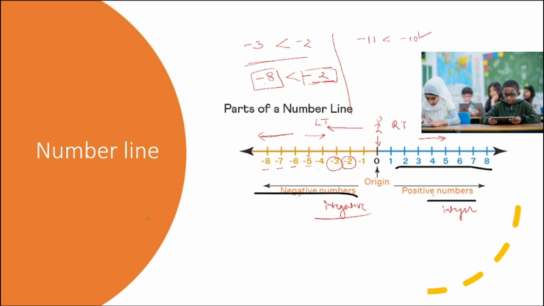Obviously -10 is greater. -15 or -5, which one is greater? Obviously -5 is greater. So in negative integers, the smaller number with the negative sign is greater than the bigger number with the negative sign.